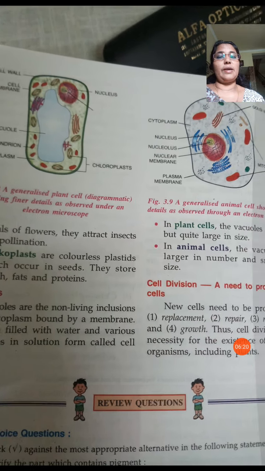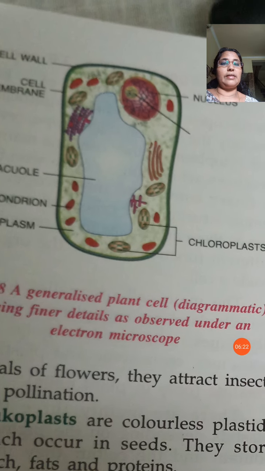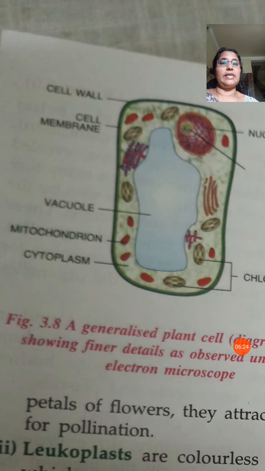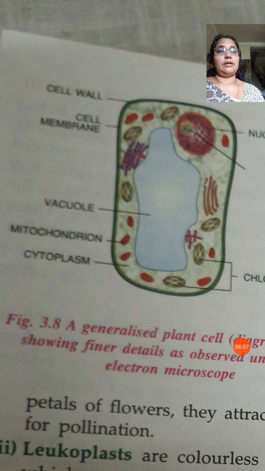Here you can see a plant cell. In the plant cell, over the cell membrane, there is another protective covering known as the cell wall.